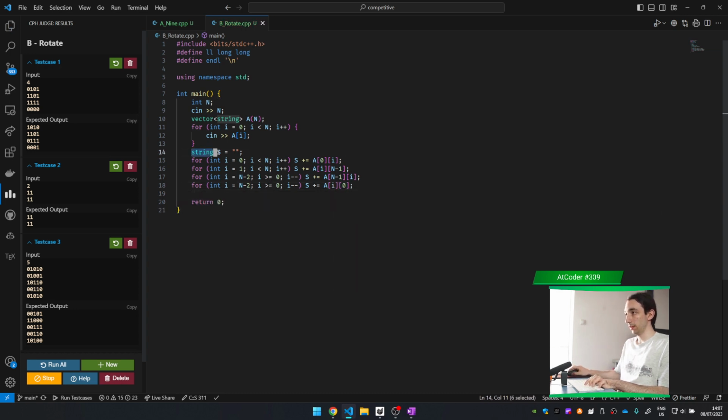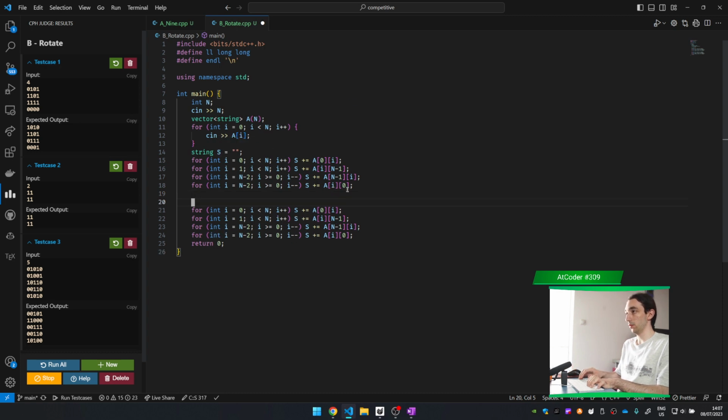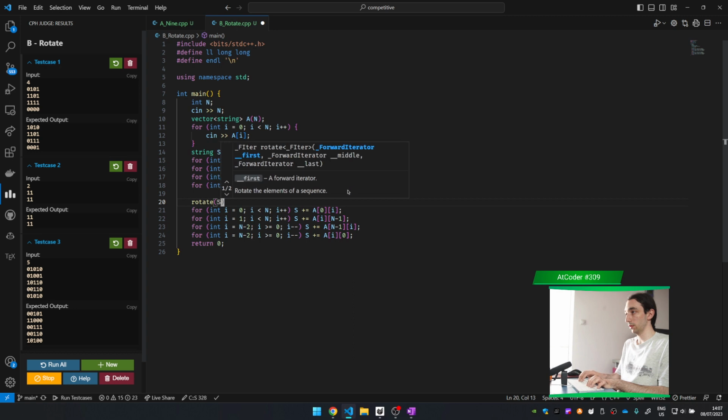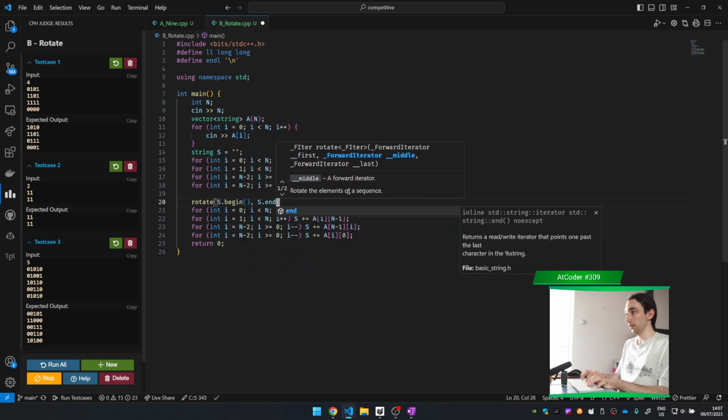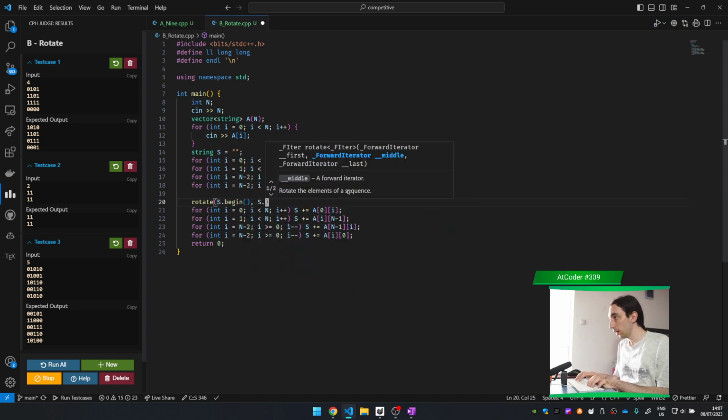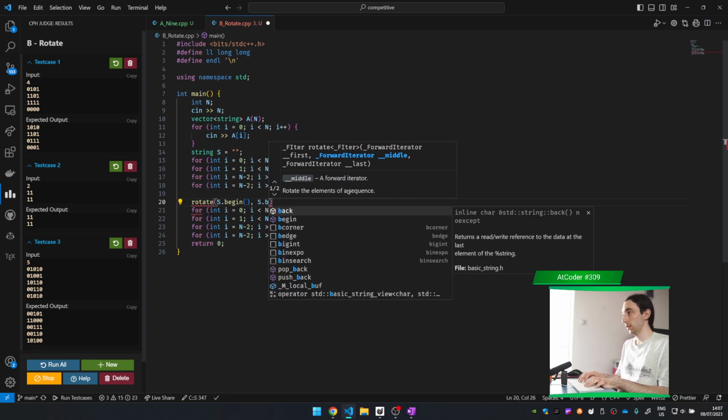So I created this s. Now I need to do this again, but this s will be shifted by 1. So I will say rotate s.begin, s.begin plus 1, s.end. How did we rotate this?